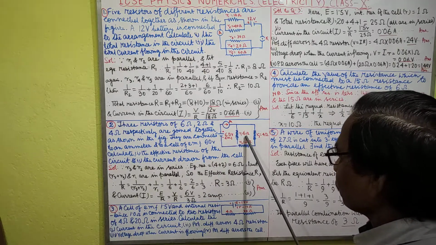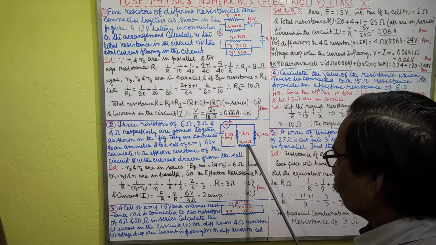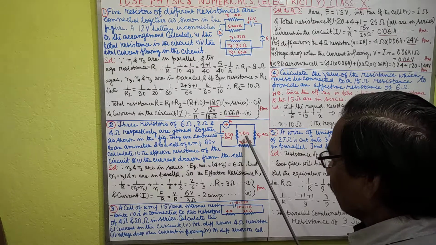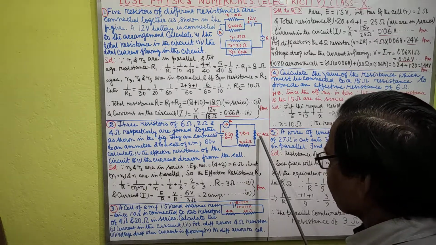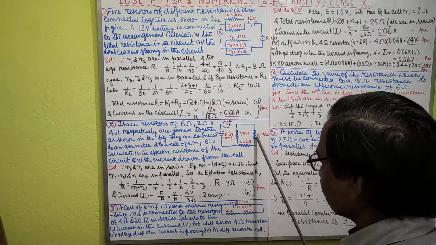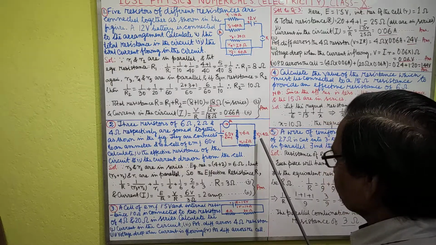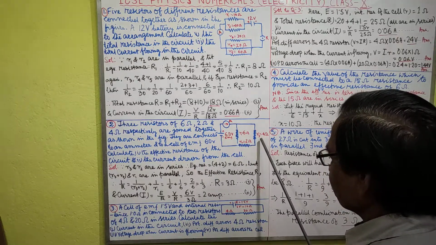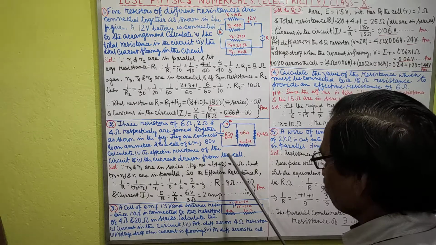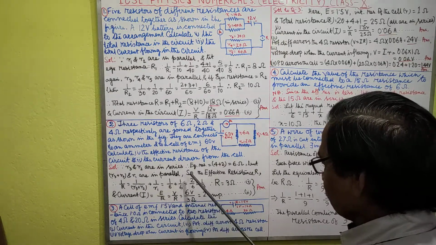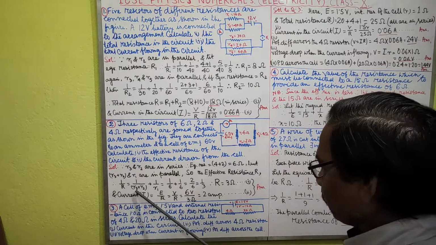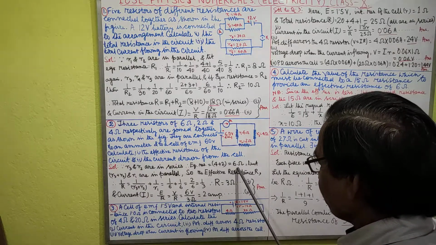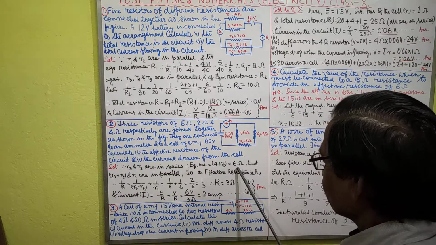Let R1 equal 6 ohm, R2 equal 2 ohm, and R3 equal 4 ohm. R3 and R2 are in series, so their effective resistance will be the sum, that is 4 plus 2, that is 6 ohms.